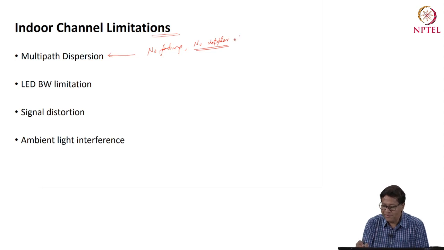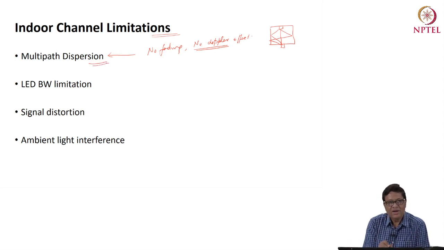So there is no Doppler effect and no fading, but you do have multipath dispersion because inside the room there are reflections and there is line of sight. This is a receiver, and there may be more number of reflections. So because of different paths for different rays, it will result in dispersion.